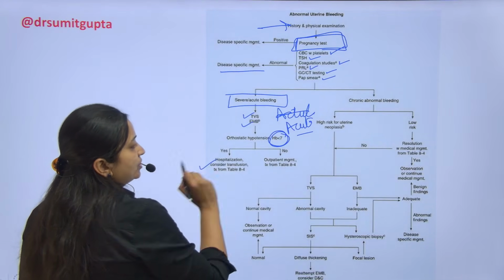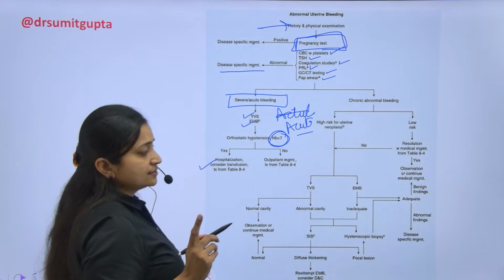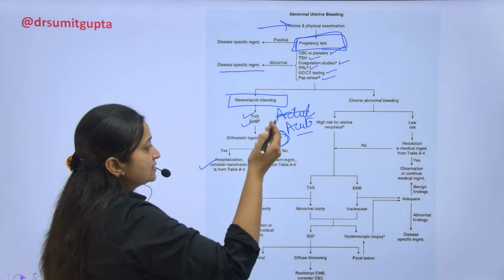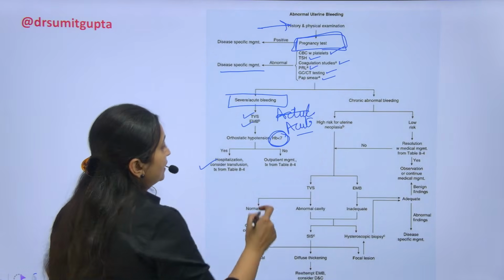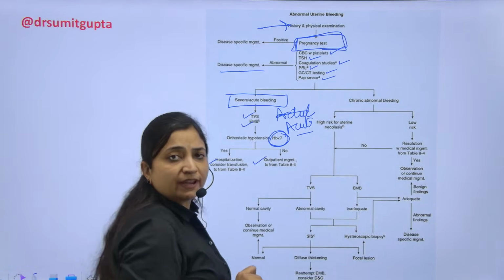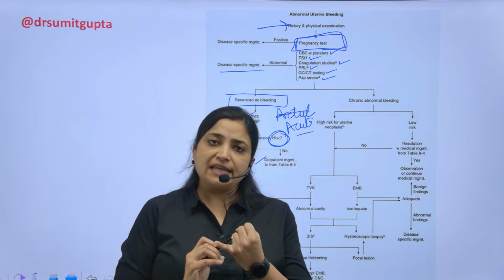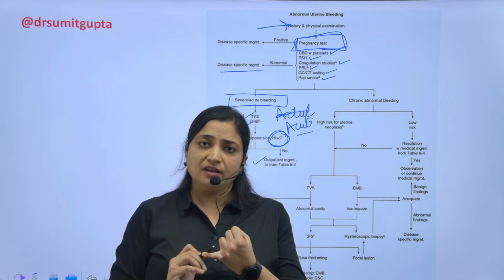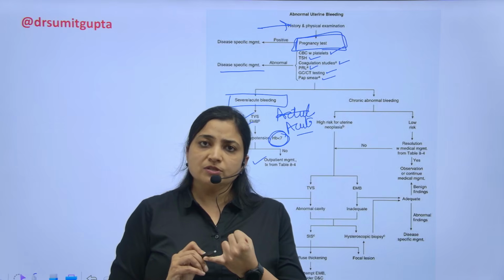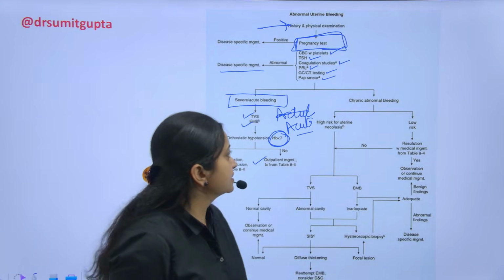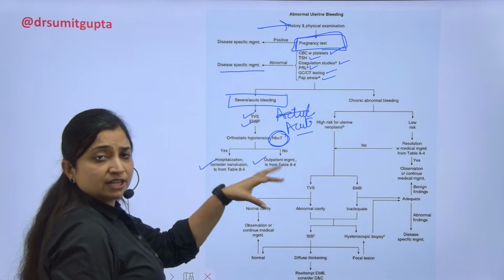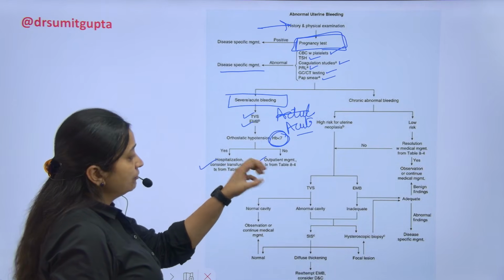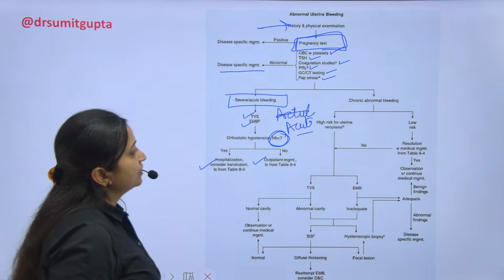Consider blood transfusion and immediately hospitalize the patient. If the hemoglobin is up and the patient is not having any hypotension, then we can give outpatient management in the form of basics: NSAIDs, tranexamic acid, IV estrogen, oral estrogen plus progesterone or progesterone, whatever it is. So according to the condition of the patient, if she needs hospitalization, hospitalize and manage. If not, you can go with oral medications.